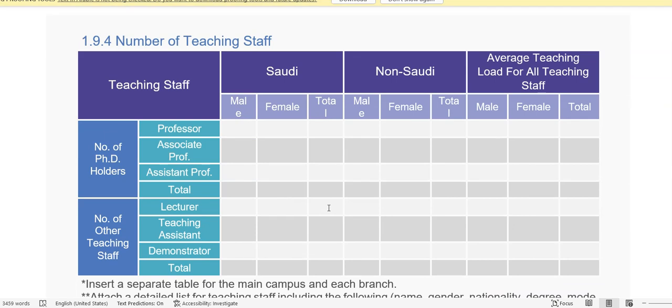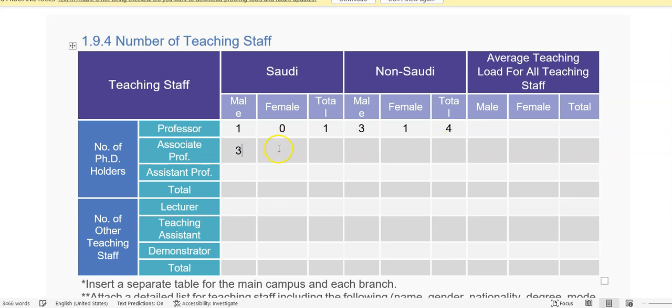Now, if we talk about the number of teaching staff, as I said before, maybe you have two types of teaching staff. You have Saudi, non-Saudi. You can also have, we will see, full-time and part-time. Professors: 1, male 0, total 1; non-Saudi 3, females 1, total 4.